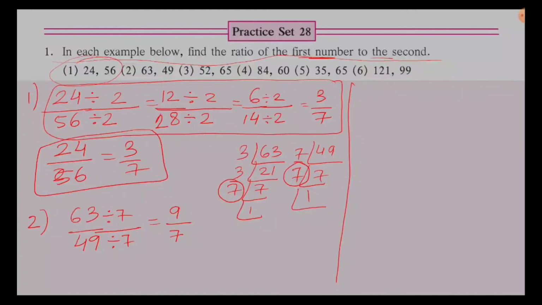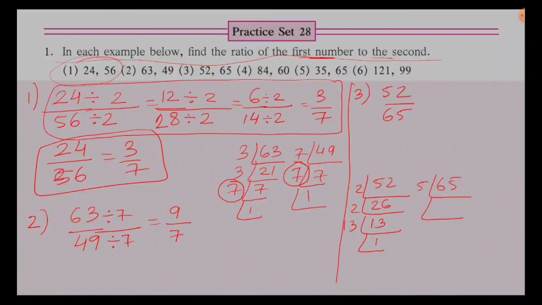Okay, let's do the third one, that is 52 upon 65. Same thing, you have to find the factors for both. For 52, here it will be 26, 13, 13, 1. Let's go for 65. 65 will be coming in 5's table.